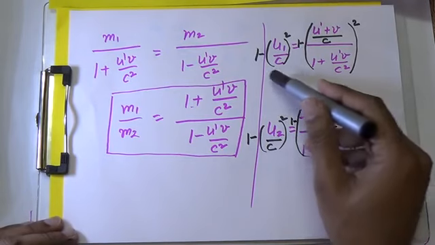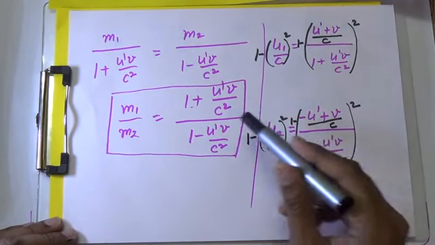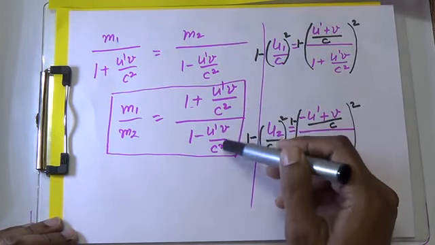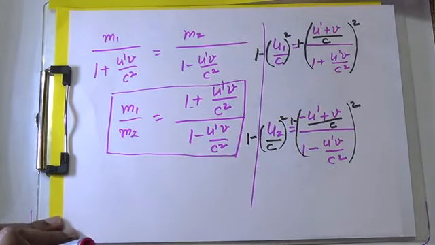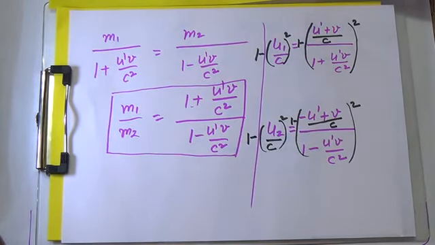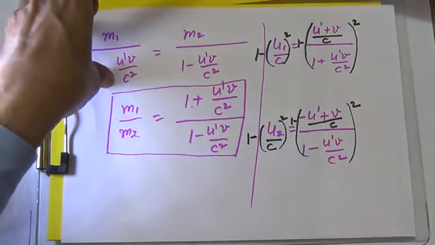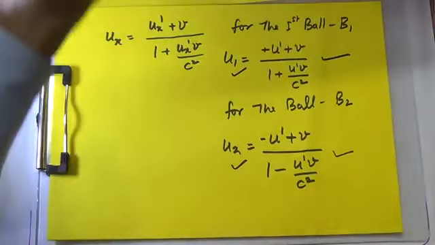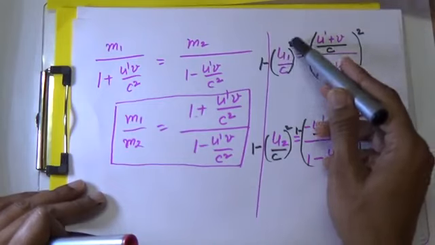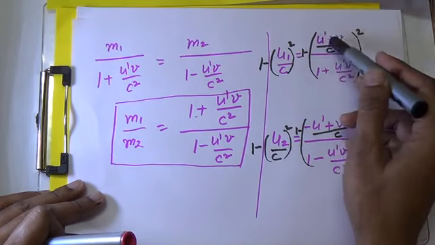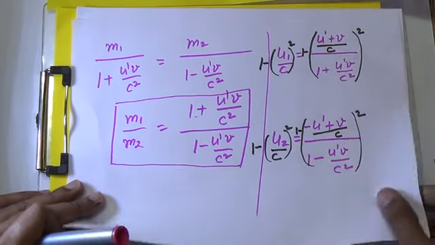Now we have to simplify this equation and this equation for 1 plus u prime v upon c square and 1 minus u prime v upon c square. Now how to solve? This is a simple algebraic process. For that, I am selecting first of all the equation 1 minus u1 square upon c square, that is 1 minus this factor u prime plus v upon c.